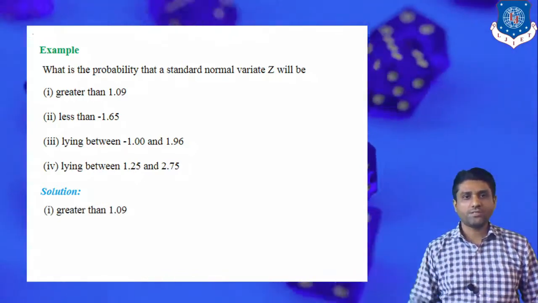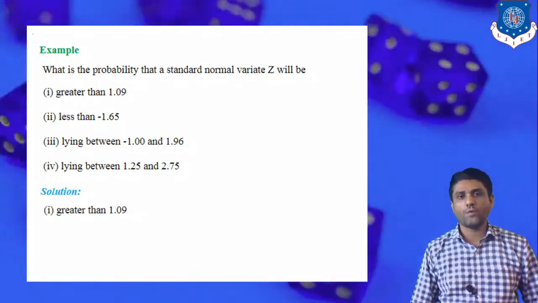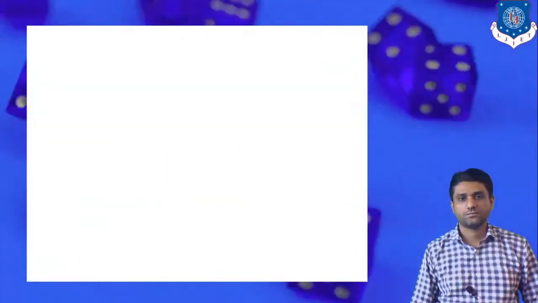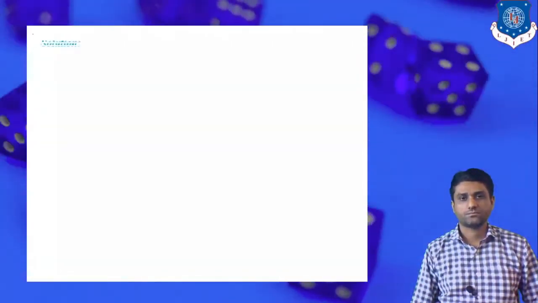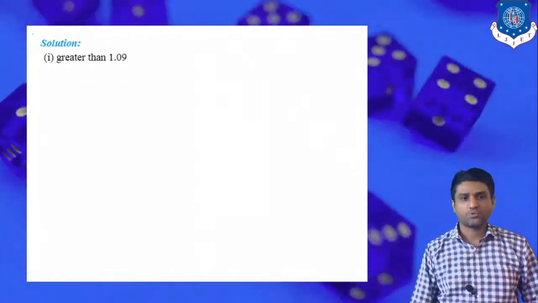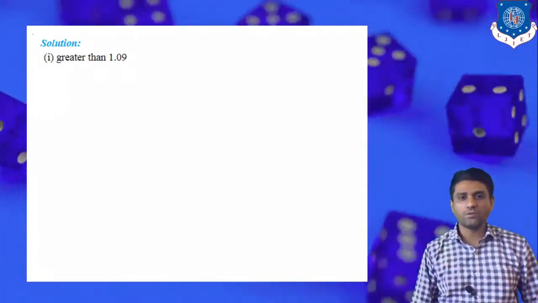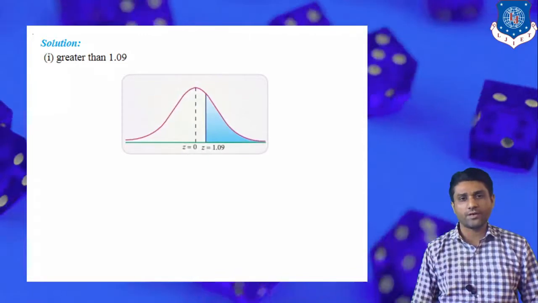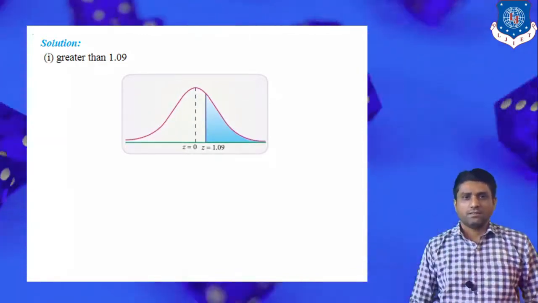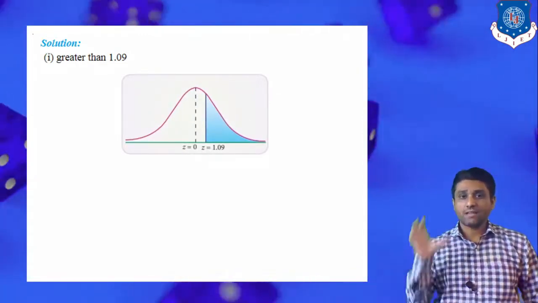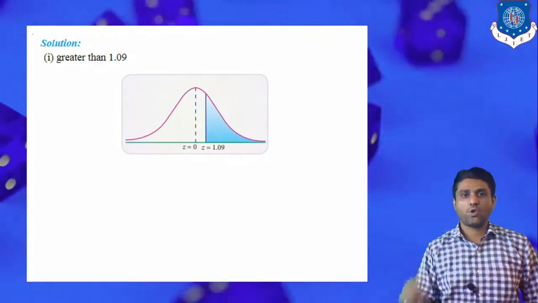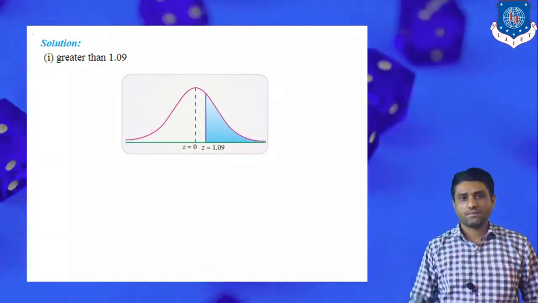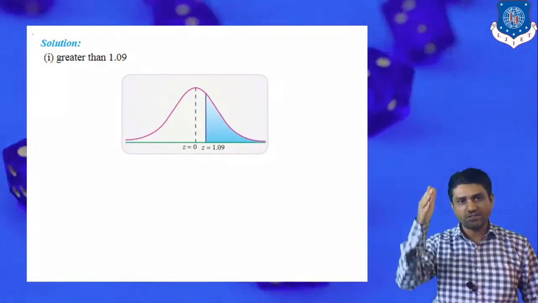So we have to consider the first option, that is greater than 1.09. For the sake of convenience, again I write down the first option, greater than 1.09. Remember, I have already told you that this is the standard shape of the normal distribution, and we consider the middle line, say z equal to 0.